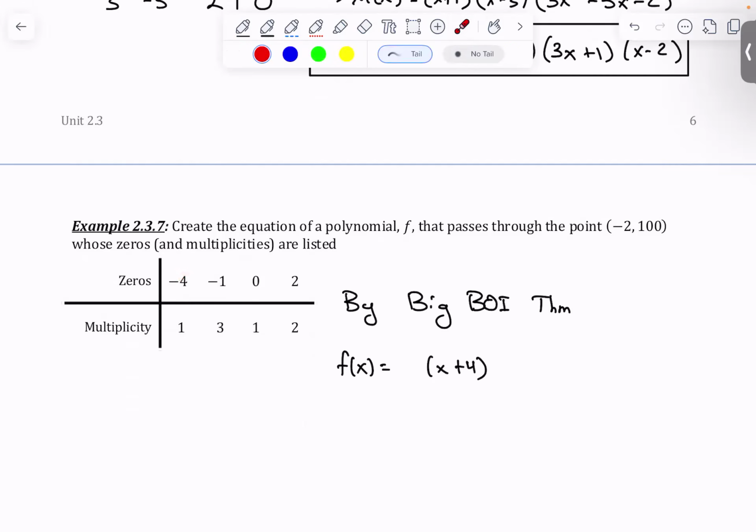So we have x minus negative 4. And it's going to be raised to the first power because the multiplicity is 1. Then times x plus 1 raised to the third power. Then times x minus 0 to the first power. Then x minus 2 squared.